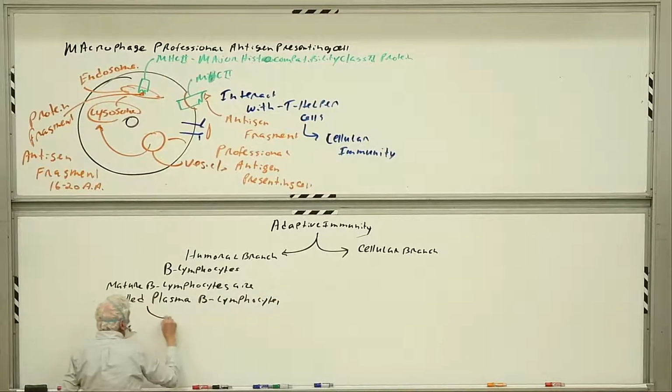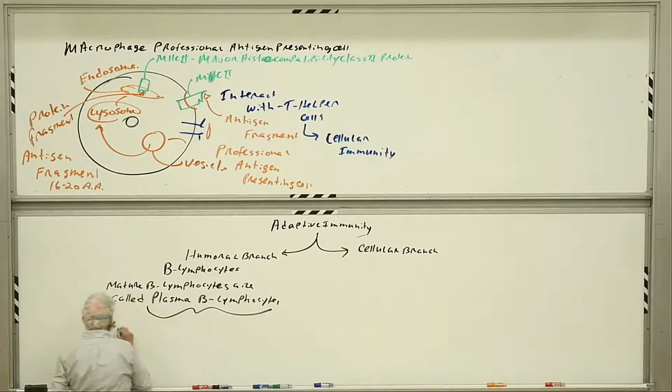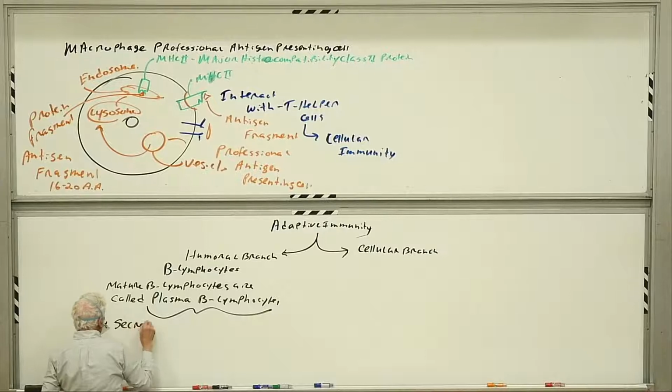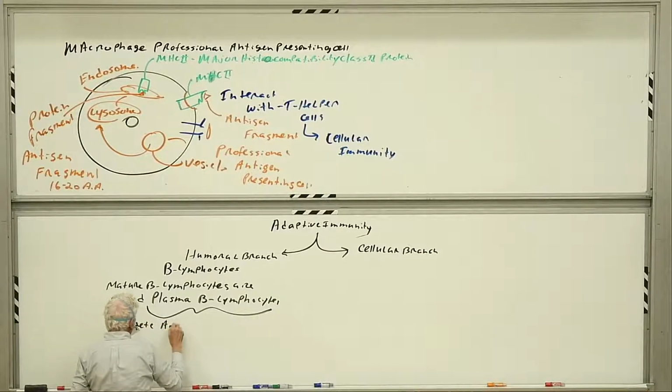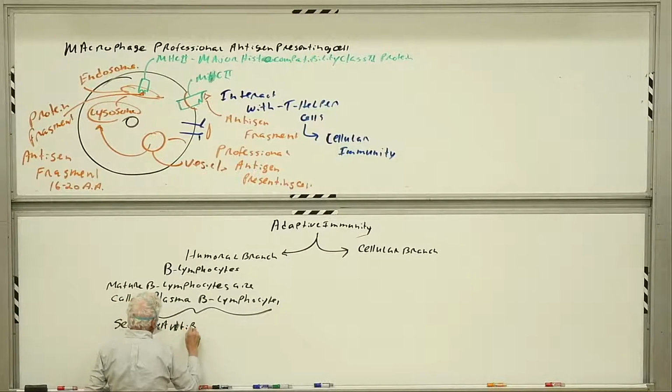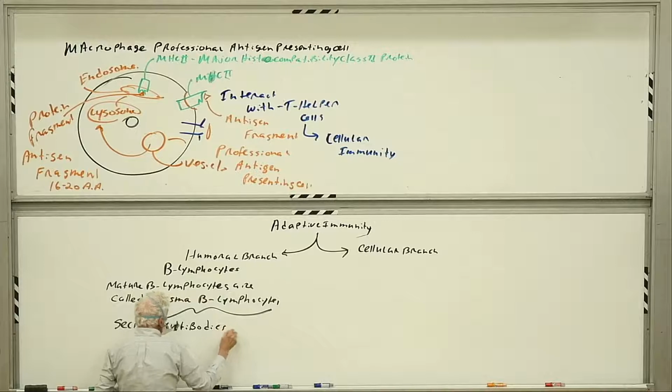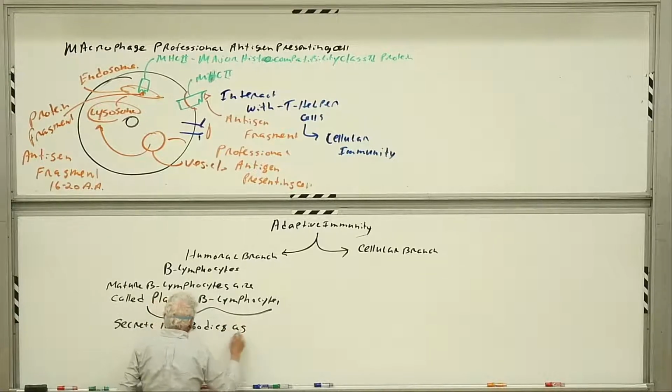These plasma B lymphocytes secrete antibodies. They secrete antibodies as glycoproteins.